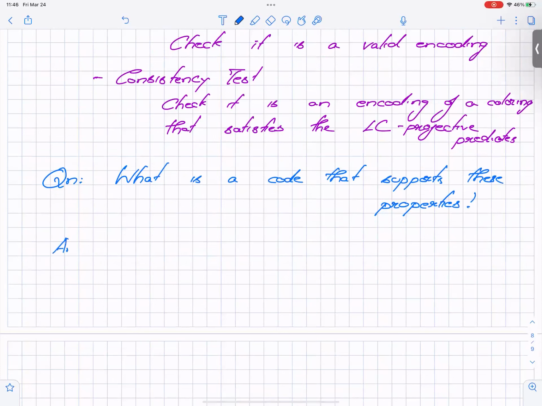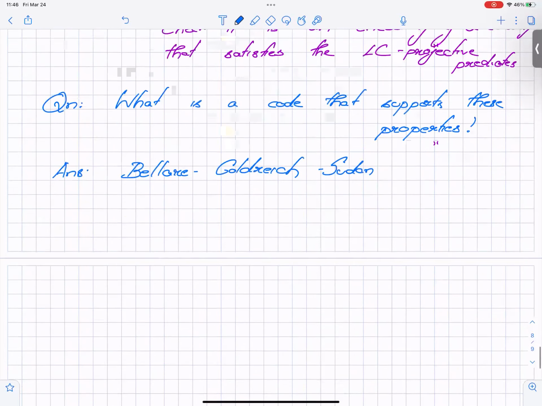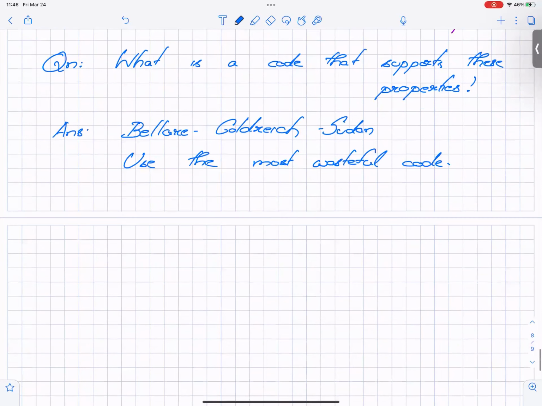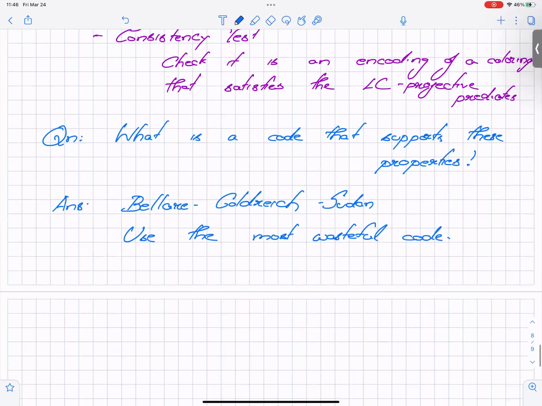The answer, which is due to Bellare, Goldreich, and Sudan, is to use the most wasteful code, which we call the long code, because it's the longest possible.